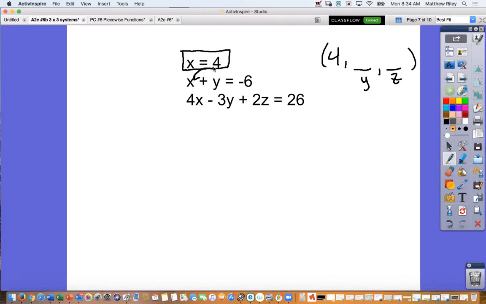Well, let's go ahead and plug it in. Right here, it gives me if x plus y equals -6, and I know what x is, I can literally just go right away and solve for y. So y is -10.